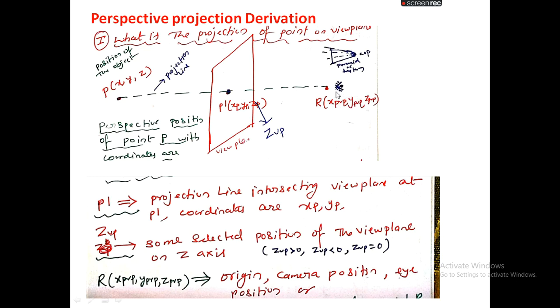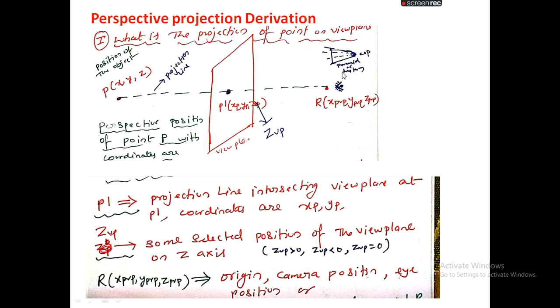It means we are looking at this object P from the direction R to P. So capital R represents our origin or camera position. We located the camera at that particular position, and we are viewing this object P from this direction, and the dashed lines I drew are called projectors or projection lines.